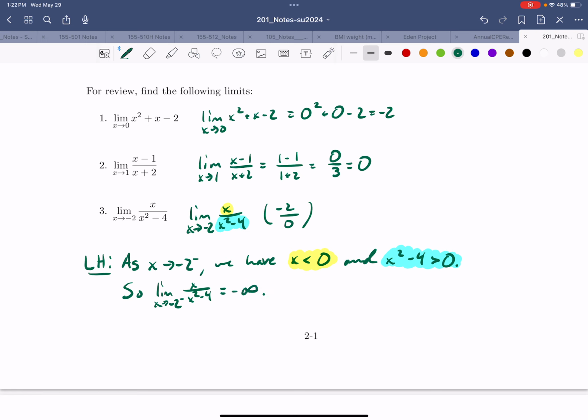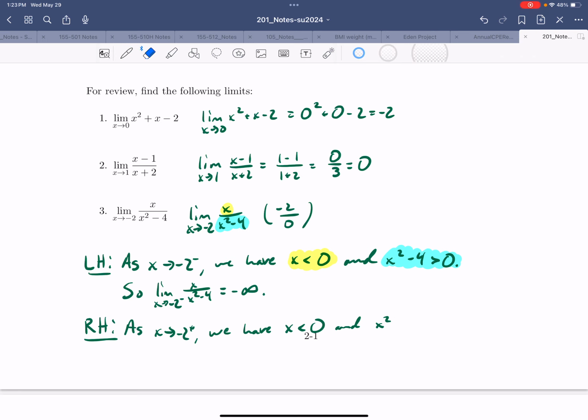Again, we already know it's infinite. The question is whether it's negative infinity or positive infinity. So let's look at the right-hand limit, right? Same thing. As x approaches negative 2 from the right, we have, well, again, x is still negative, right? Still approaching negative 2. And x squared minus 4, now be a little careful here, right? We're talking about negative 1.999 or so.